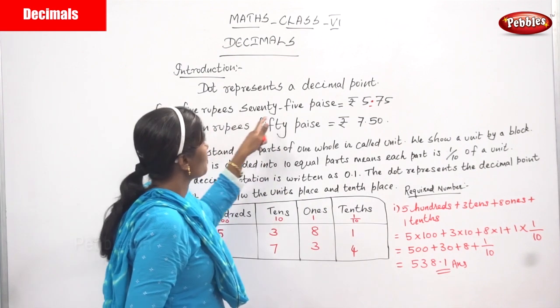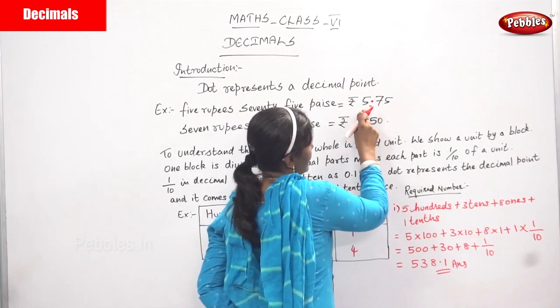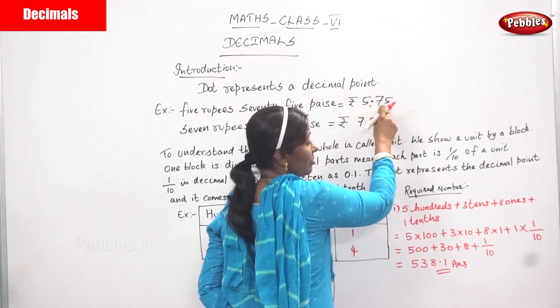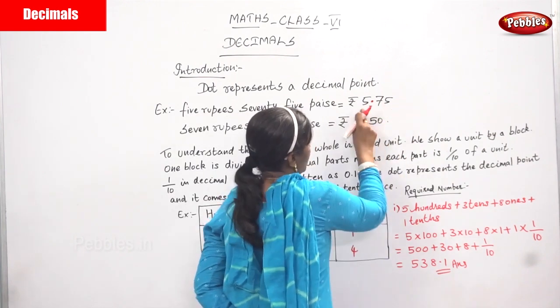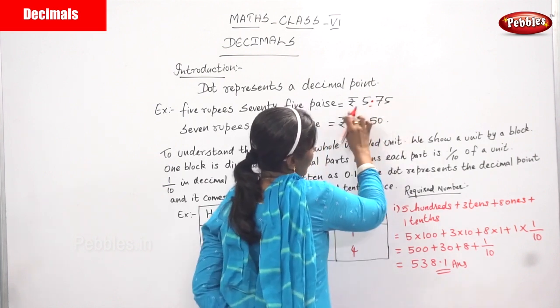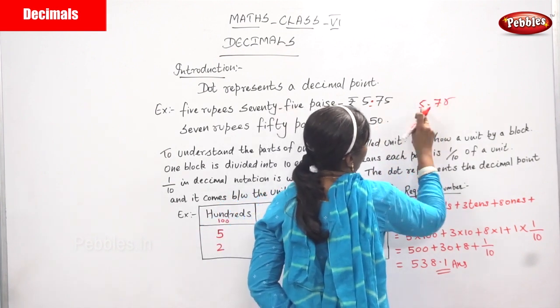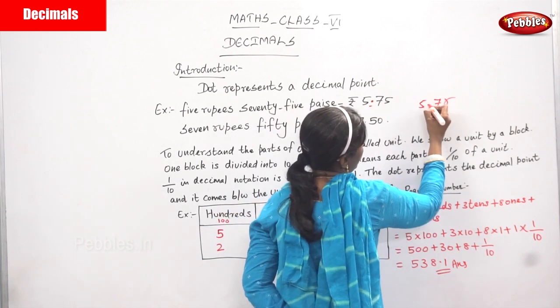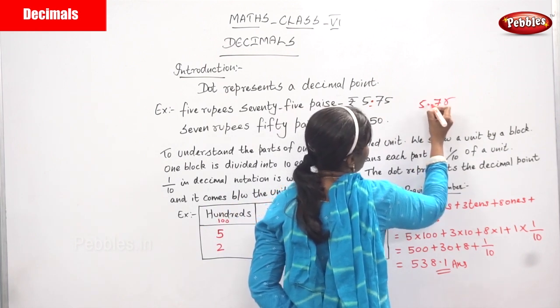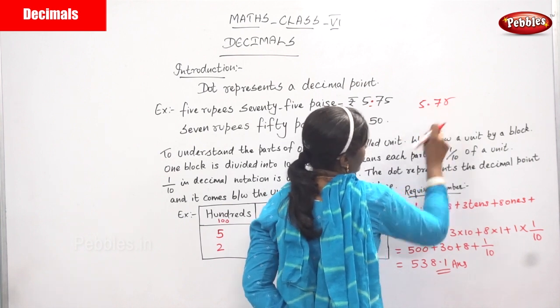Example: 5 rupees 75 paise. This part is rupees, and what comes after the point we consider as paise. If you read the number 5.75, after the point you must say the digits alone.